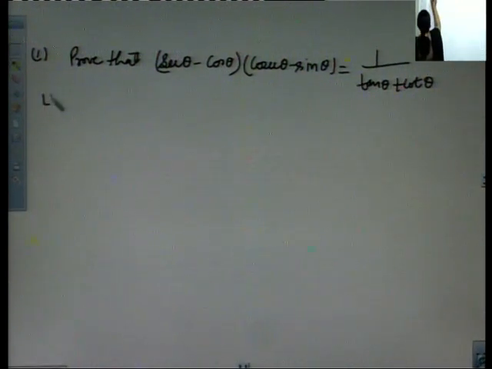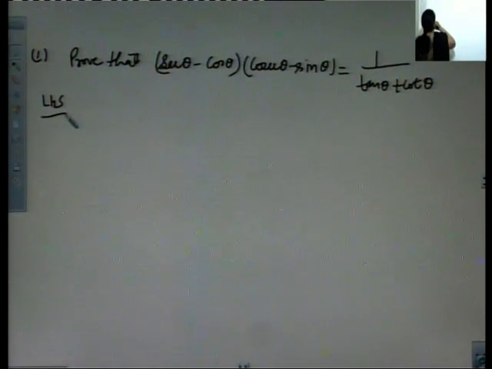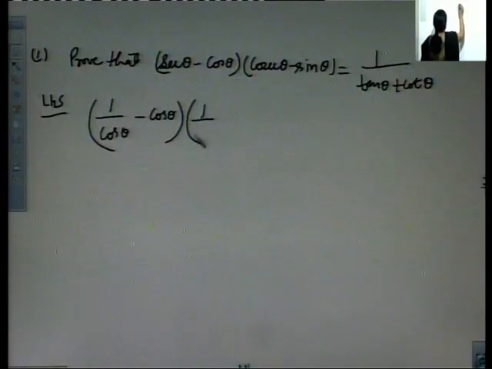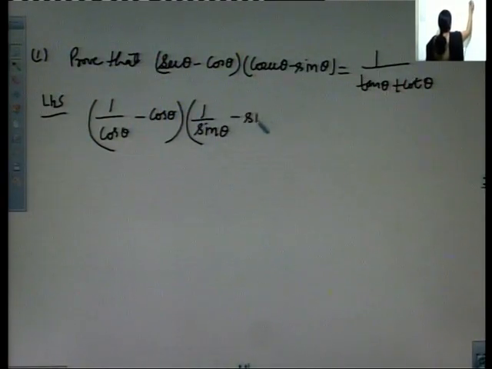Now first of all, left hand side: secant theta we can write 1 upon cos theta minus cos theta, and cosecant theta is 1 upon sin theta minus sin theta.